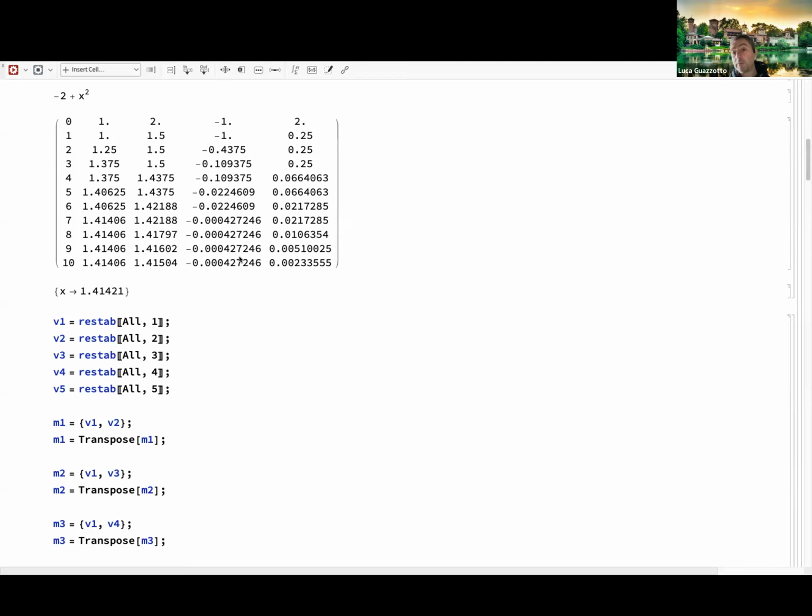And this may or may not be a problem if evaluating the function is not expensive, like I did here, x squared minus 2 was my function. It doesn't take much time. Even if you do it with a hand calculator, it doesn't take much time.